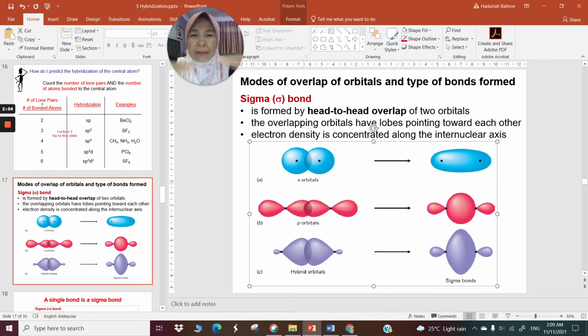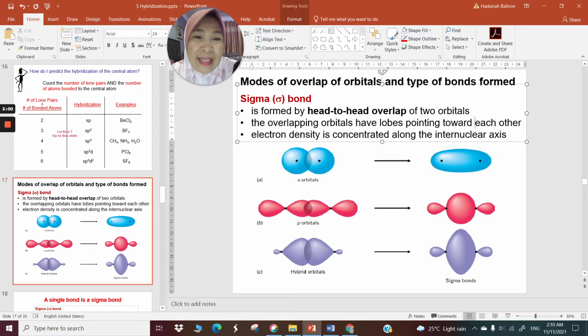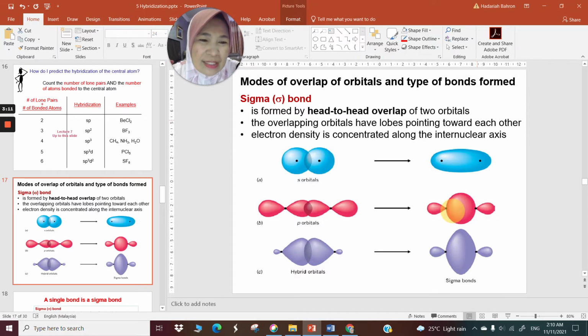When they overlap, they're going to have their lobes pointing towards each other. That means they are overlapping head to head, and they're going to make a sigma bond. So this is the sigma bond that is formed when two px orbitals overlap.